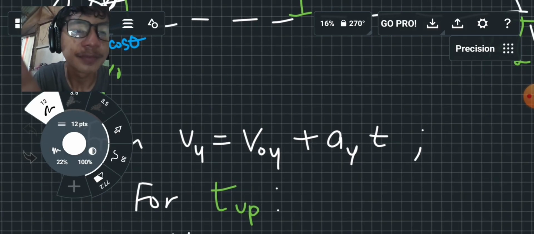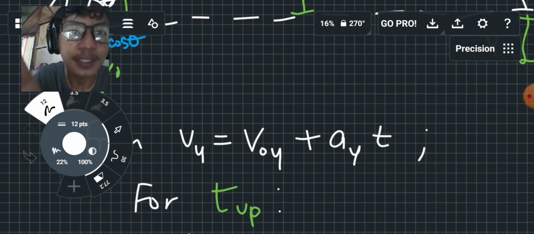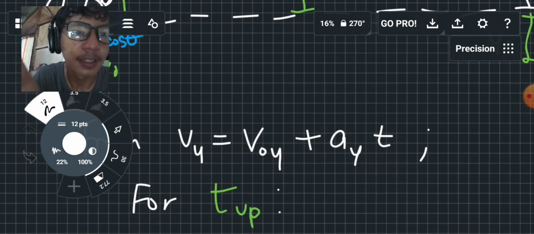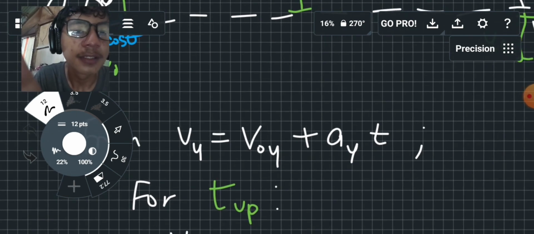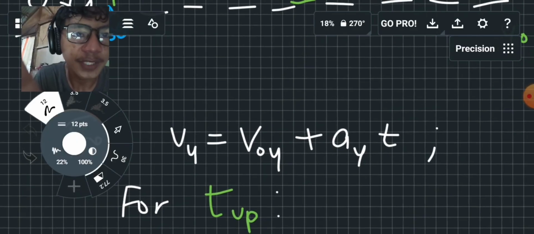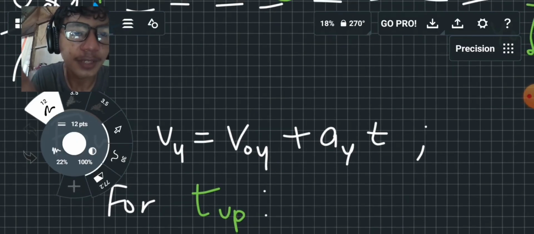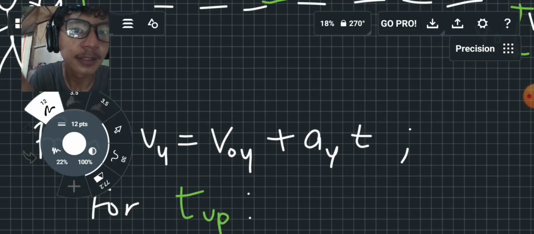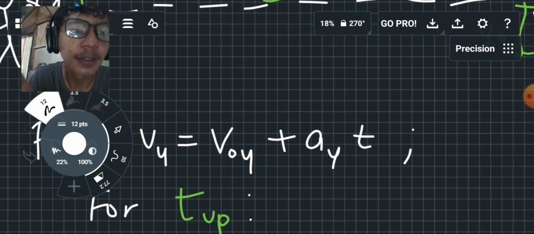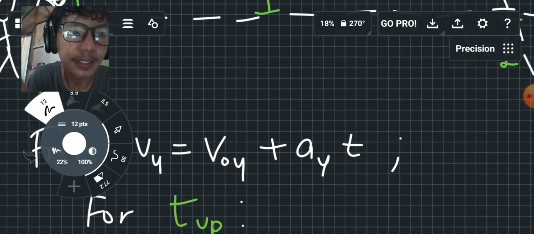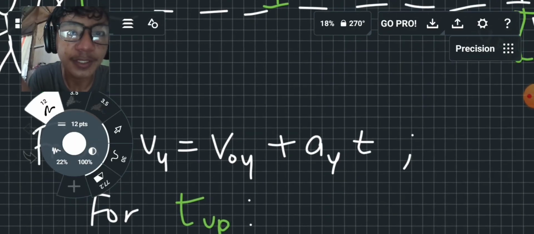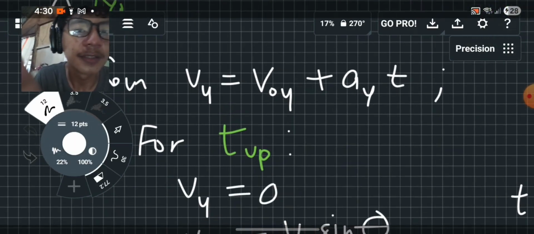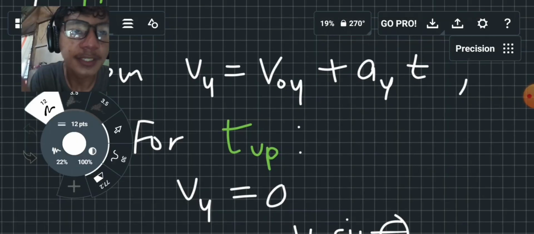Based on this formula, v sub y equals v naught y plus a sub y t, where t is time, which implies that the acceleration is constant, we can solve for t sub up.